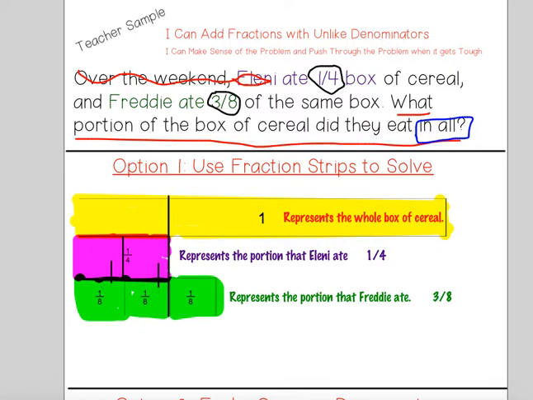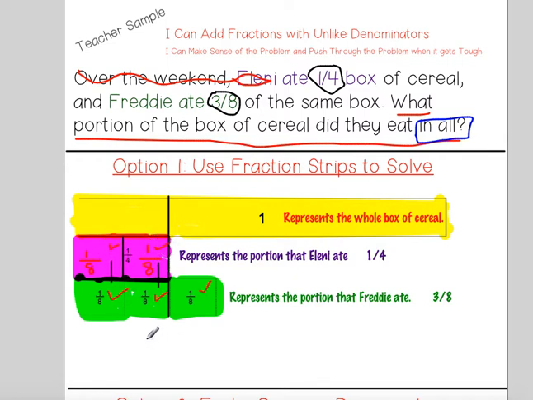So I'm going to change this, since I broke it up, I'm going to change this to say 1/8 because I split it in half, and change this to say 1/8. And now I can count up how many eighths I have in total to show me how much they ate in all. And that's 1/8, 2/8, 3/8, 4/8, 5/8.